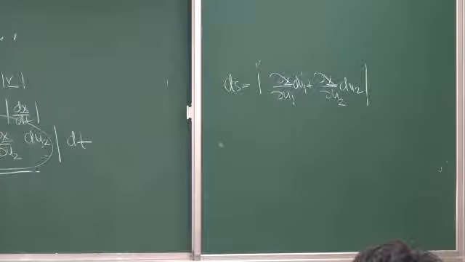So now I see the increment of arc length in terms of the arbitrary coordinates u1 and u2. So it didn't make any difference if it was xy or phi theta. Okay, we have a general formula.